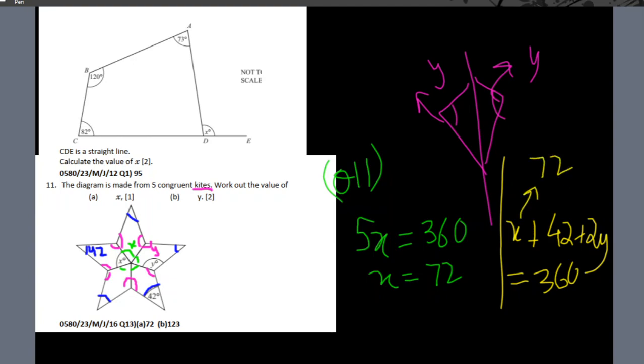Now simply in your calculator do 360 minus 72 minus 42 and divide the answer by 2, and we get 123. Y equals 123.